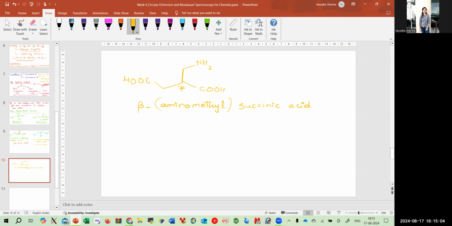This is your alpha part. This is your beta, and beta is having CH2NH2. That's why it is beta amino methyl succinic acid. So this is another example that we have taken into picture.